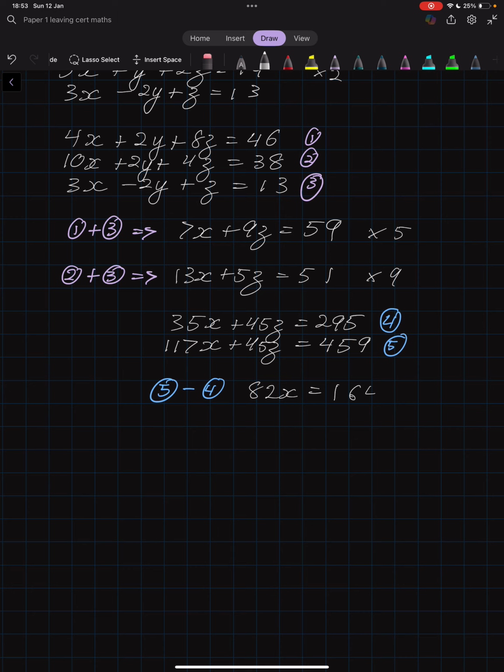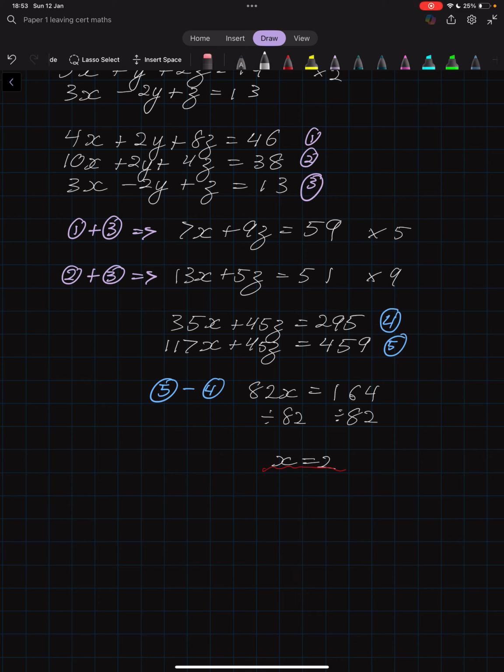Okay, so now I can divide both sides by 82, and I just get that x equals 2. So now I have solved for x. Now I plug this back into one of your equations to figure out what z is.